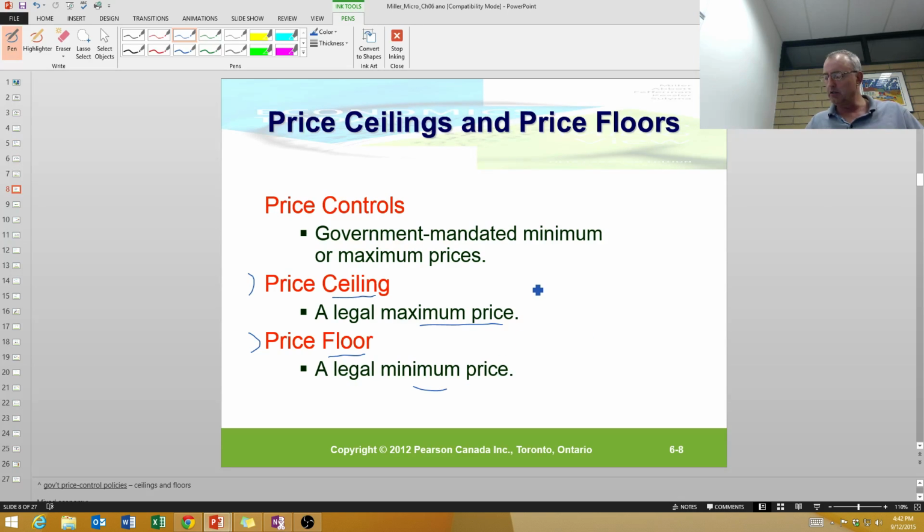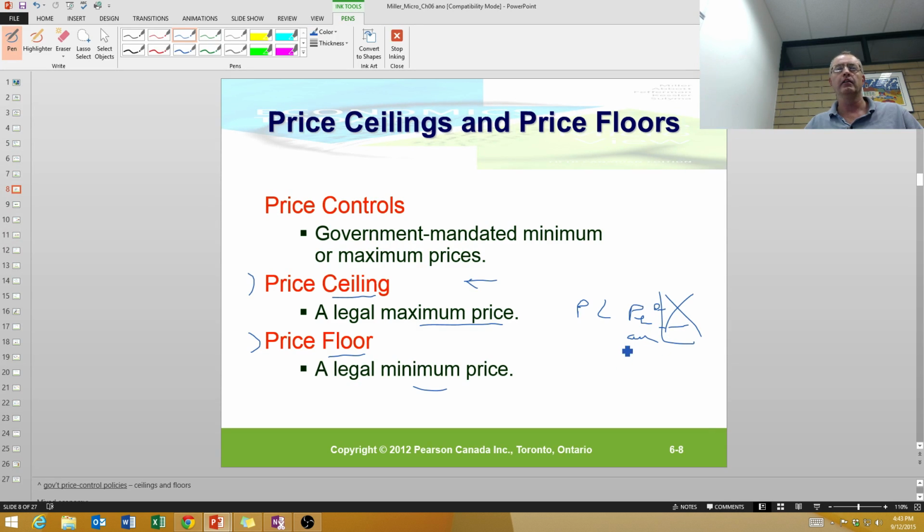So I think these concepts are intuitive. However, there is a slight counterintuitive aspect to them that I'll try to remember to point out to you. The counterintuitive point is how we diagram these things with supply and demand diagrams. The diagrams are counterintuitive because although the price ceiling is a maximum price, the price is less than the equilibrium price. And that means when we draw the diagram, here's the equilibrium price, and here's the ceiling price.